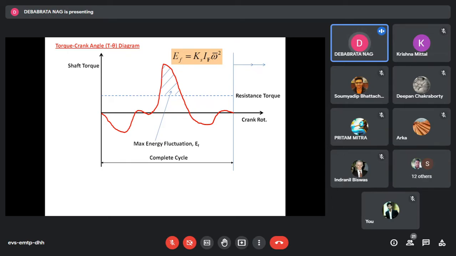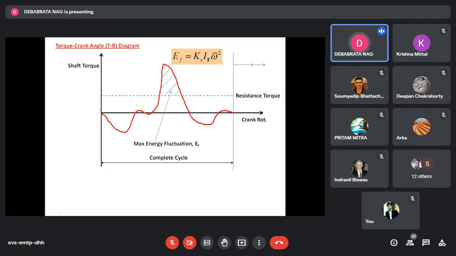Since there is a net lesser amount of energy being supplied to your system, the speed will be affected, because we are considering a steady state operation of the engine, so everything is running in a smooth condition, and we are considering this system in isolation.